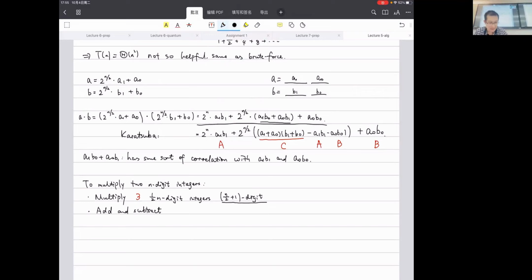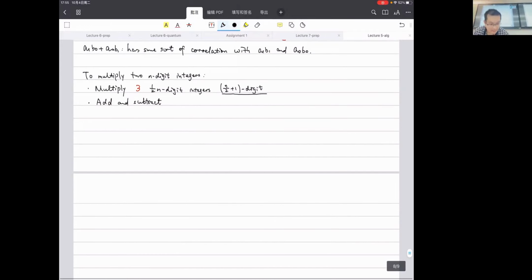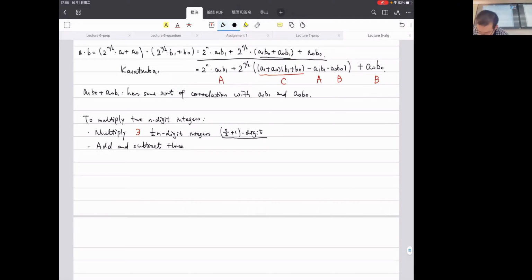So this is not so different. You just add and subtract 3, let's say at most n digit integers, and shift to obtain the result.